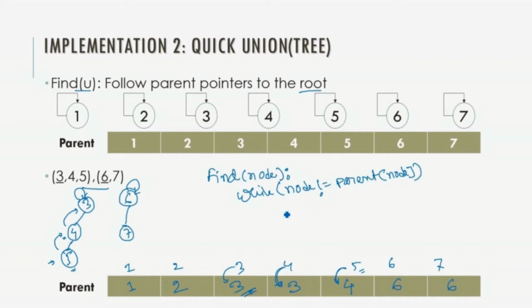The node becomes the parent node. We move to the parent node of this node. So from 5 we move to 4 and check if it's the root node. This process is repeated until we find the root node. Once we find the root node, we return the node.